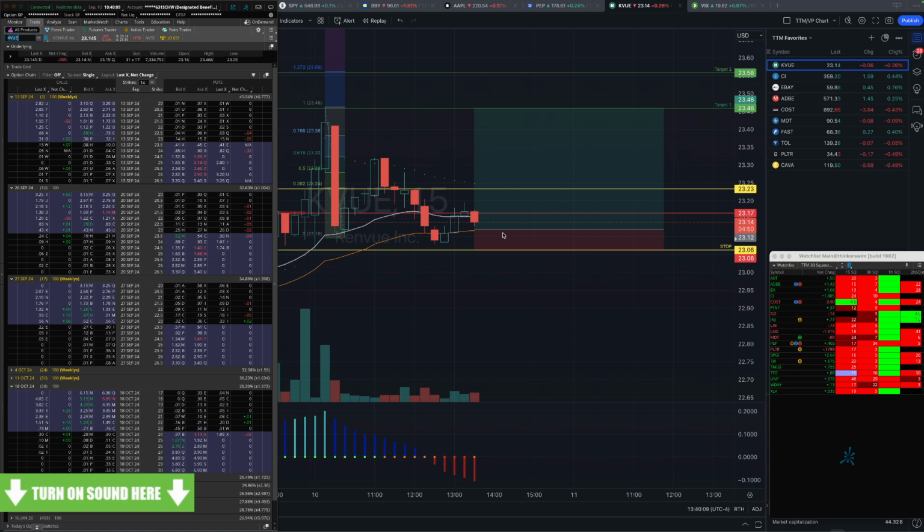Because this 15-minute chart is either going to break down or it's going to run before Friday. So I know that theta is not going to kill me. If I wanted to play a safer route, I could take these $23 for 43 cents. So in this sense, I'll play the safer route.